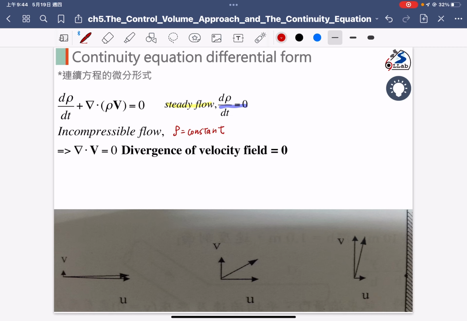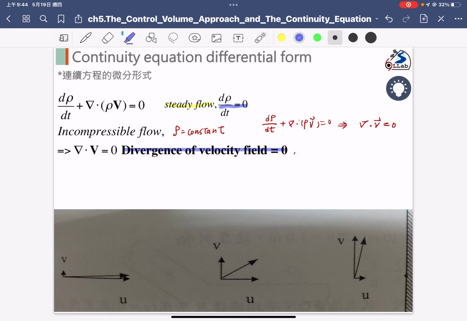So finally, we only have the continuity equation where the del operator dot product with the velocity vector equals 0. So this says the divergence of the velocity field is equal to 0.